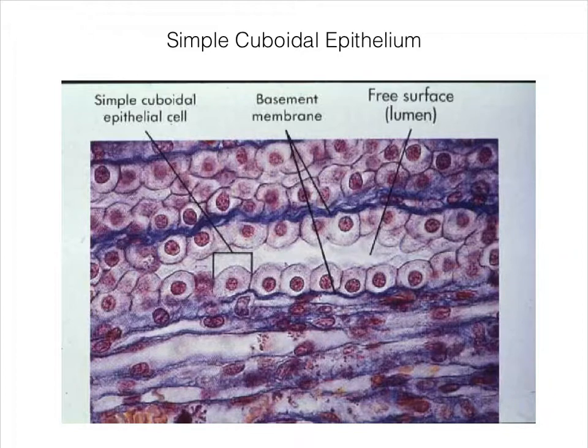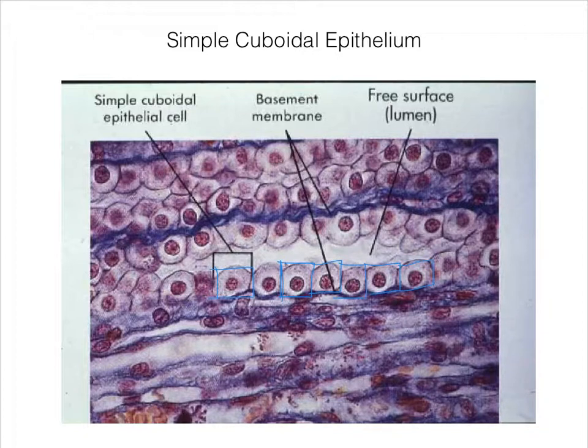Cuboidal epithelial tissue, as you would get from the name, is typically going to be about as long as it is wide. So here you see the height, the width, and each of these cells describes basically a square.